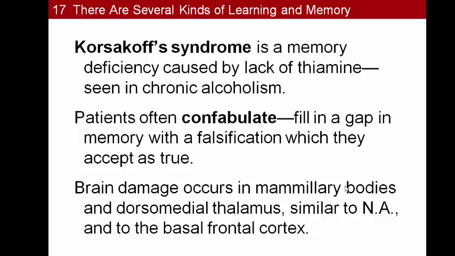In addition to the damage to the mammillary bodies and thalamus, though, individuals who have Korsakoff syndrome will also have damage to certain areas in their frontal cortex. Okay. Now, if you think about what your frontal cortex is important for, thinking, reasoning, decision-making, you'll see a lot of deficits that come along with Korsakoff syndrome.